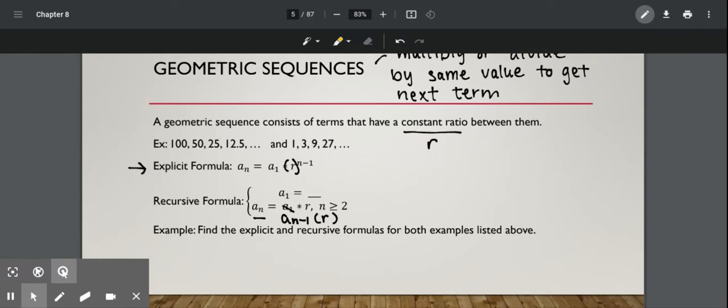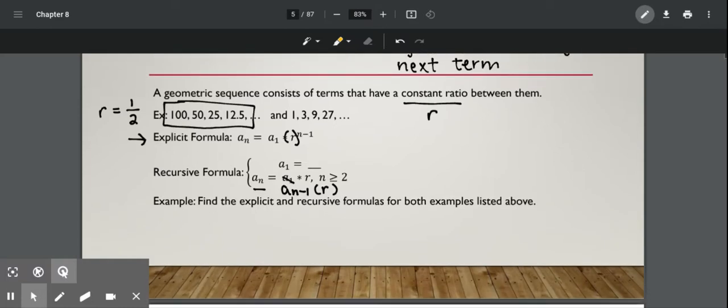All right, so let's look at this example right here where we have the sequence that's 100, 50, 25, 12.5. So if you start to look at the pattern of that, you realize that you're dividing by 2 every time, which means that your ratio for that would be 1/2. Because you really have to think, what are you multiplying by to get your next term? You're multiplying by 1/2.